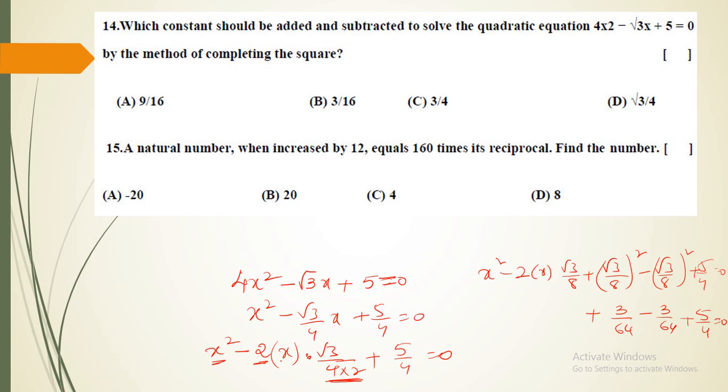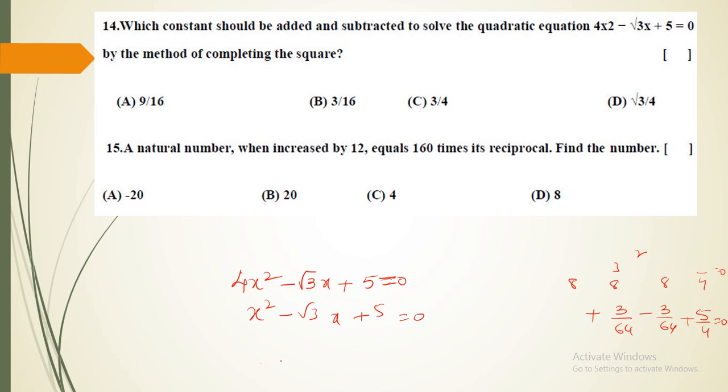So for that, without dividing by 4, without making the coefficient of x square as 1, we need to proceed here. The actual process is to make the x square coefficient 1 and proceed, but here it is not the case.